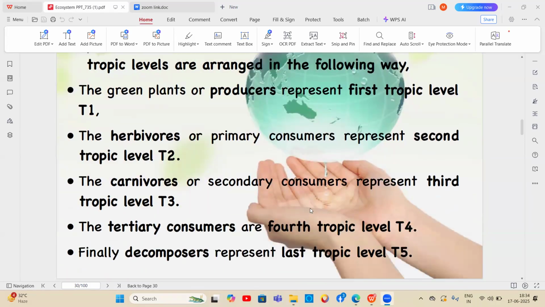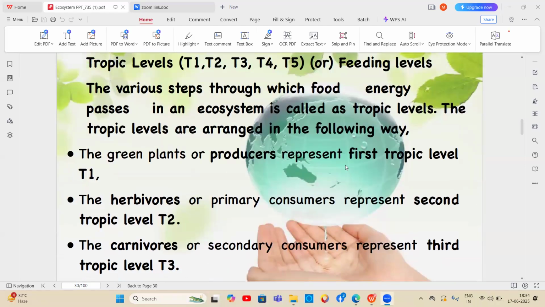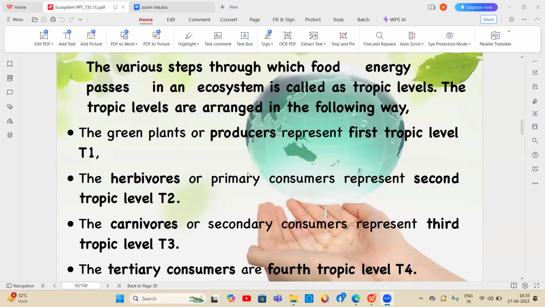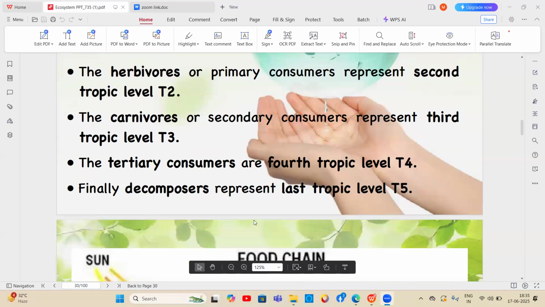Carnivores are secondary consumers and represent the third trophic level. Tertiary consumers are the fourth trophic level. Finally, decomposers represent the last trophic level. So the trophic levels are nothing but the feeding levels where the transfer of energy takes place, like T1, T2, T3, T4 and T5.